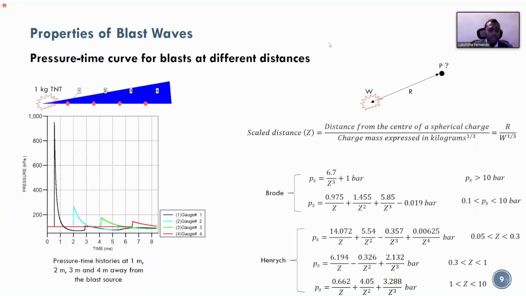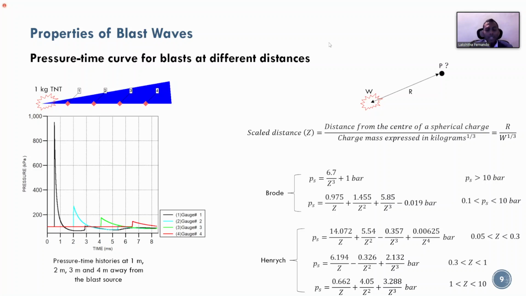At 1 meter, you would have the pressure rising close to 1000 kilopascals. 2 meters is the light blue line, and the pressure only rises to about maybe 300. So you can see within a matter of a meter, that maximum pressure rise has reduced. And then it keeps reducing. The green line is for 3 and the red line is for 4.